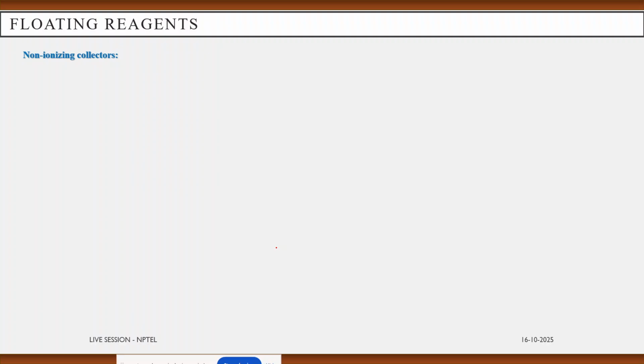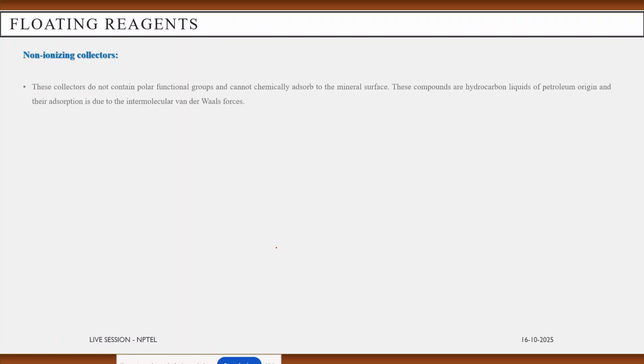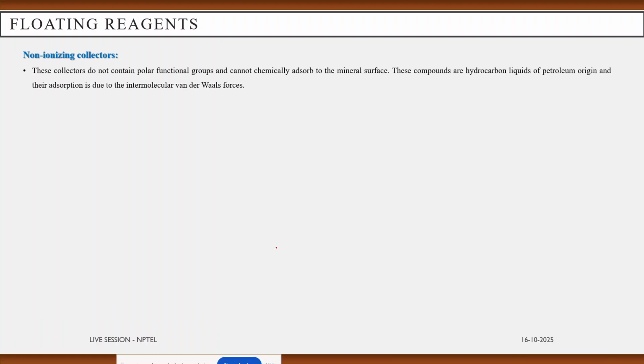So now we are going to discuss what the non-ionizing collectors are. We have already seen examples of the non-ionizing collectors. These collectors do not contain any polar functional group and they cannot be chemically adsorbed onto the mineral surface.